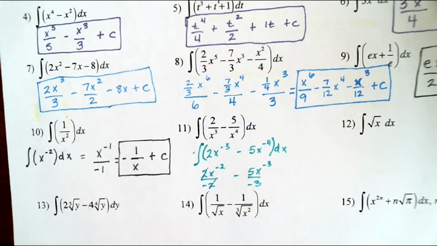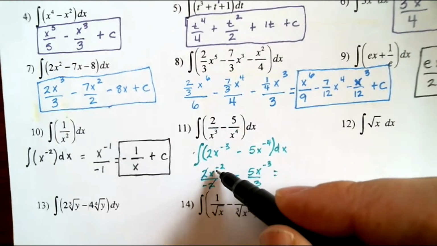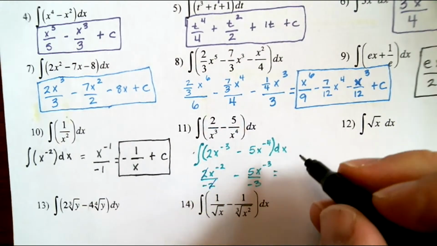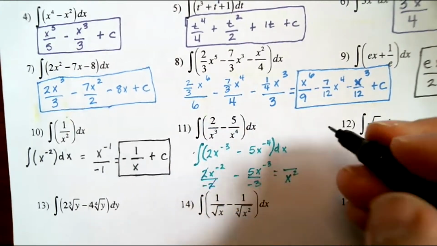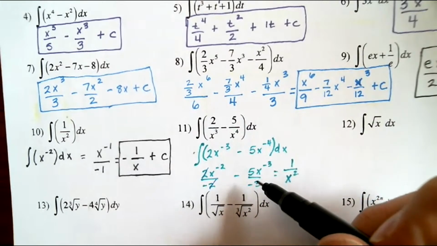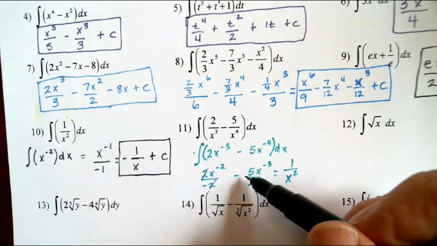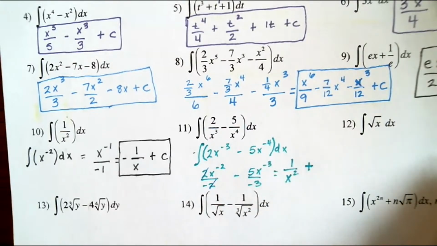And then to think about our final answer, guys, we don't want negative exponents, so push that x to the negative 2 down to get x squared in the bottom, leaving us just 1 on the top. And then think about this, and this would be a negative, negative, so we know it's going to be a plus there.